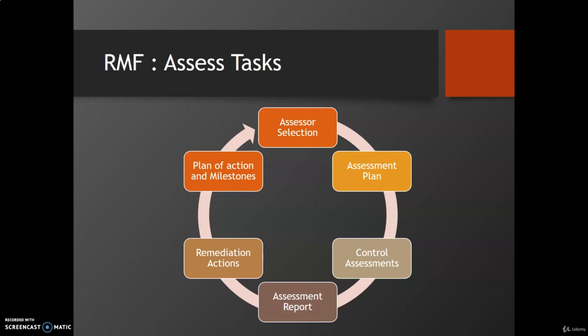Now our fifth task is remediation action. Now we did the assessment, we know what the findings and recommendations are. Now we need to implement the action. So what do we do in remediation actions? Conduct initial remediation actions on the control and reassess the remediated control.